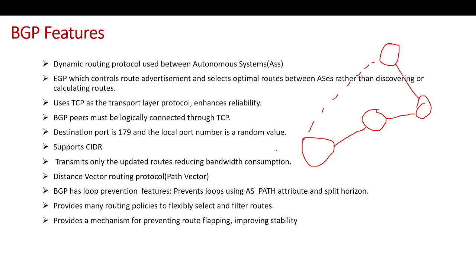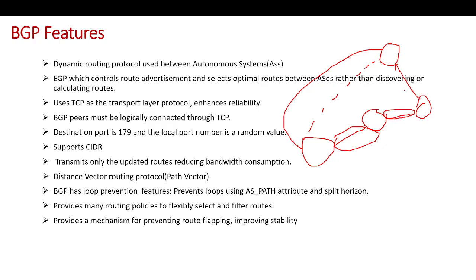It's just a logical connection between two routers, and it will come up without any issues. But for protocols like IGP, ISIS, definitely you need to configure them on the connected devices. You cannot have IGP running between these two routers unless you have some logical connection or a physical connection between the two routers. So this is a feature of BGP.